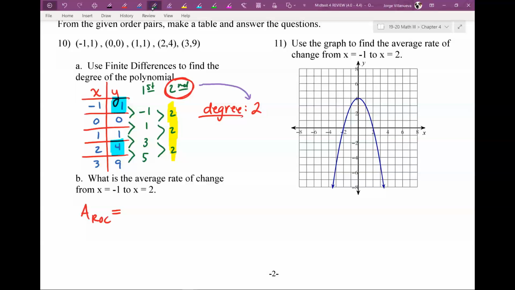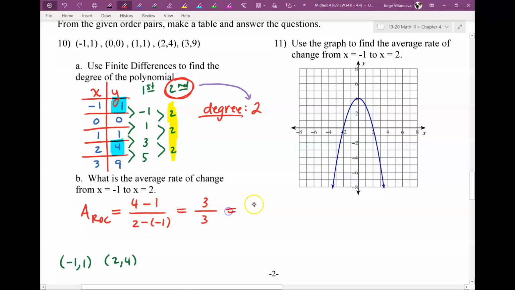Let me write down these points really quick. Negative 1, 1, 2, 4. So for my average rate of change, I'm going to do 4 minus 1 over 2 minus negative 1. So that's 3 over 3. So my answer is 1. That's my average rate of change.